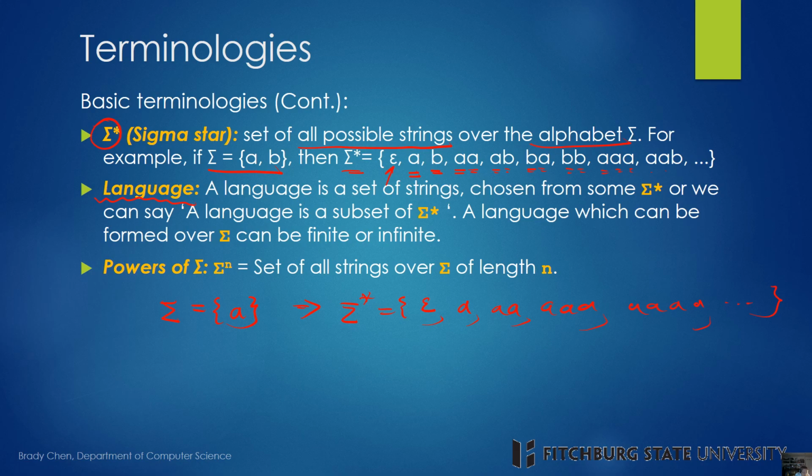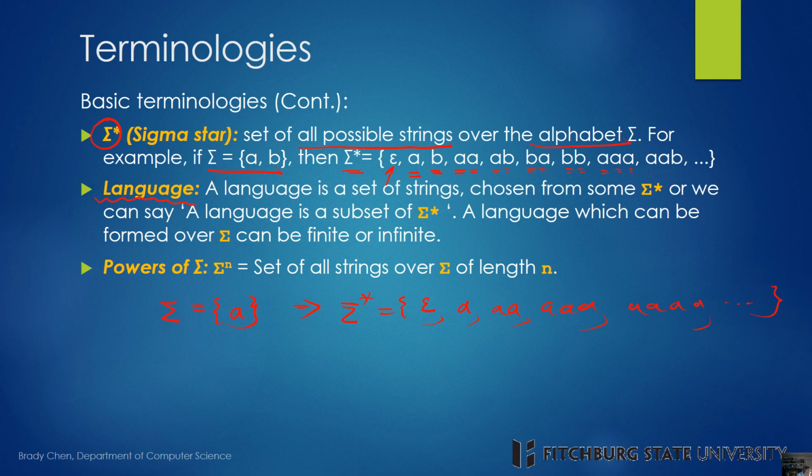It's just selected strings from sigma star. The language could be finite or could be infinite, depending on how many combinations we want to use in the strings.